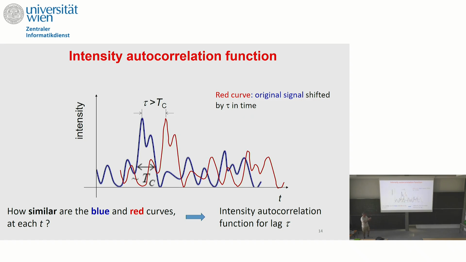So clearly, as you change tau and you increase this time delay, you start from a situation where the two curves are very similar, very correlated. The intensity correlation function is very high. And then this intensity correlation function decays and goes to lower values. And at some point, if you shift a lot, it doesn't really matter if you shift a lot or twice a lot or 10 times a lot, because you end up with uncorrelated signals.